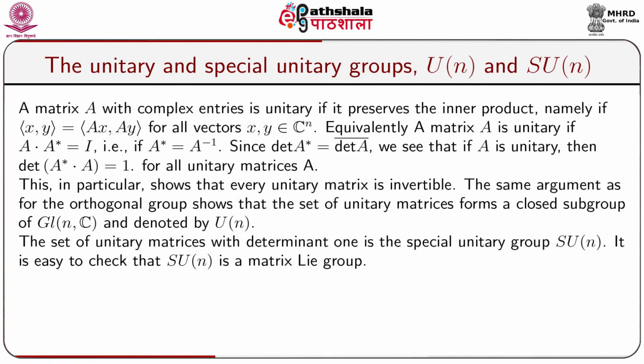Note that a unitary matrix can have determinant e to the power i theta for any theta, and so SU(n) is a smaller subset of U(n) than SO(n) is of O(n). Specifically, SO(n) has the same dimension as O(n), whereas SU(n) has dimension 1 less than that of U(n).